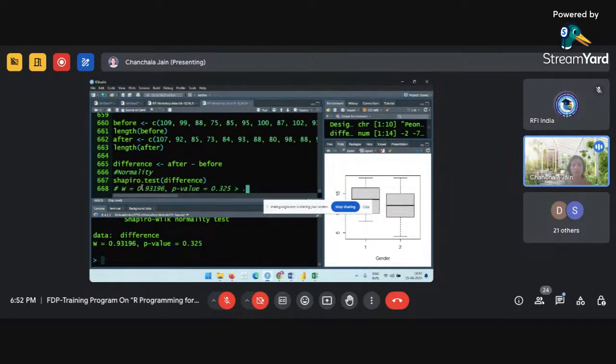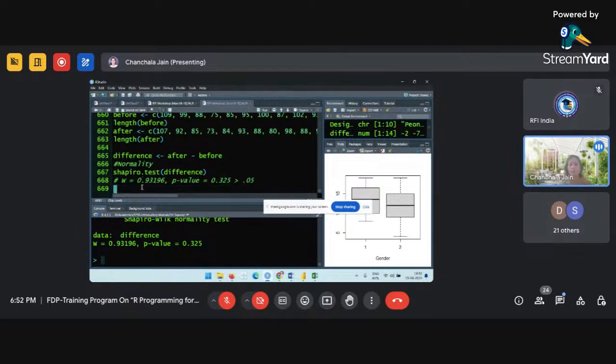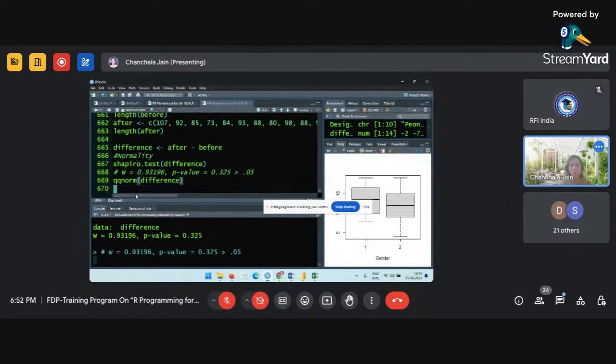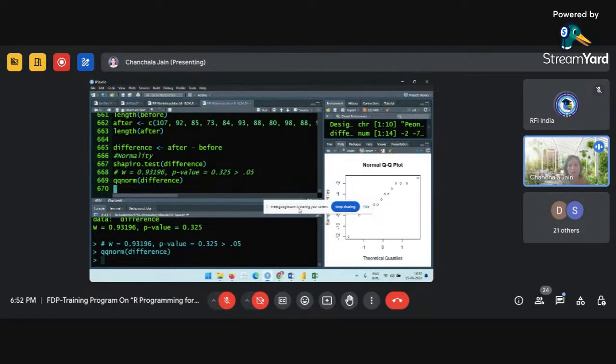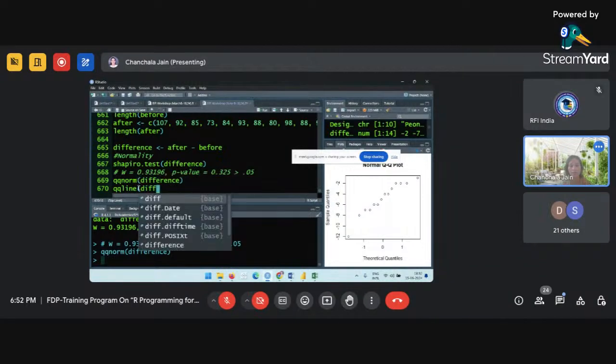That means you can say that your variable, or the difference, is normally distributed. Similarly, if you want to draw a QQ norm, you can do it in this function. You can see the graph, right? Then you can fit the QQ line on the difference.